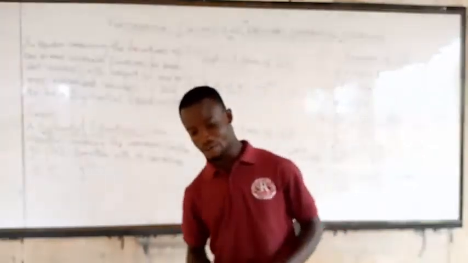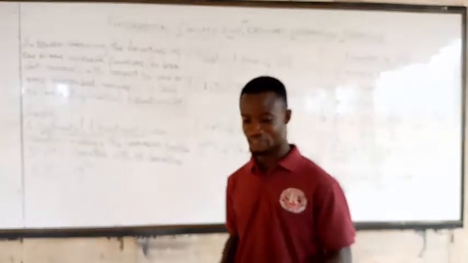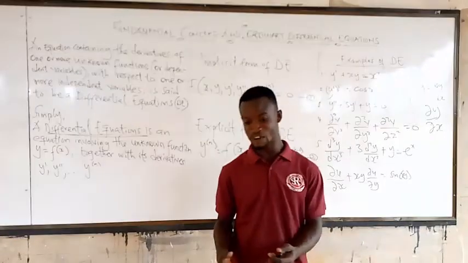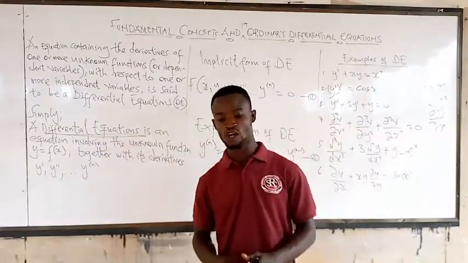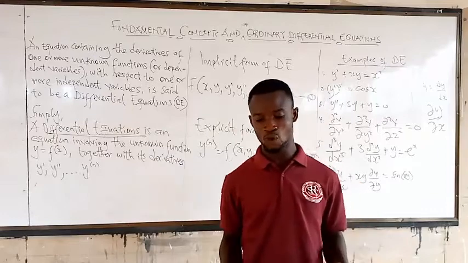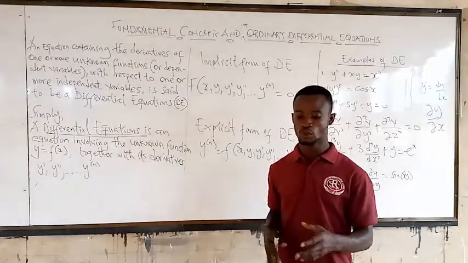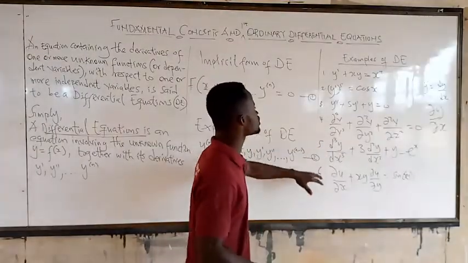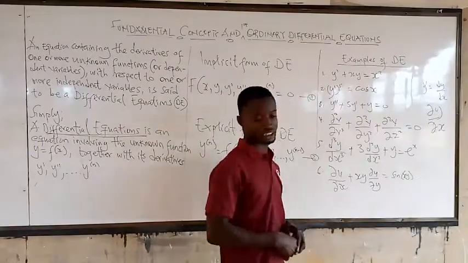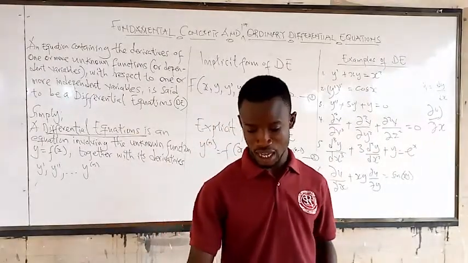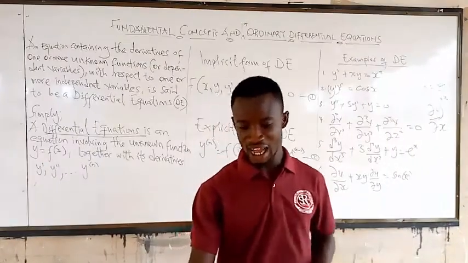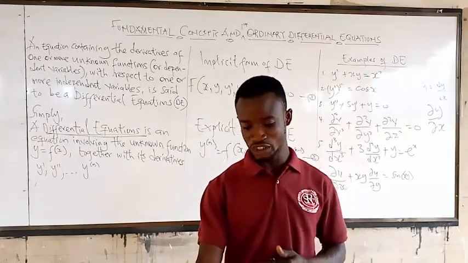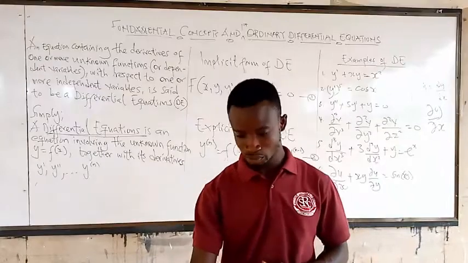Alright, so differential equations in the first place are classified according to the number of variables involved. That is what we use to classify them under whether ODE or PDE.